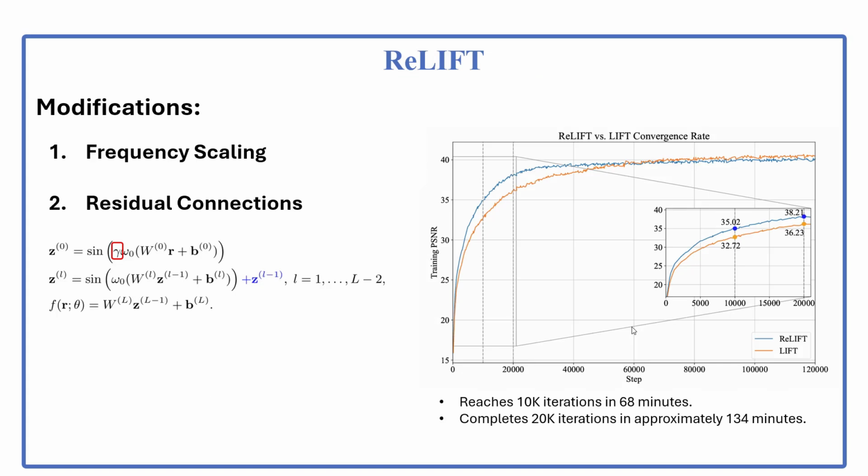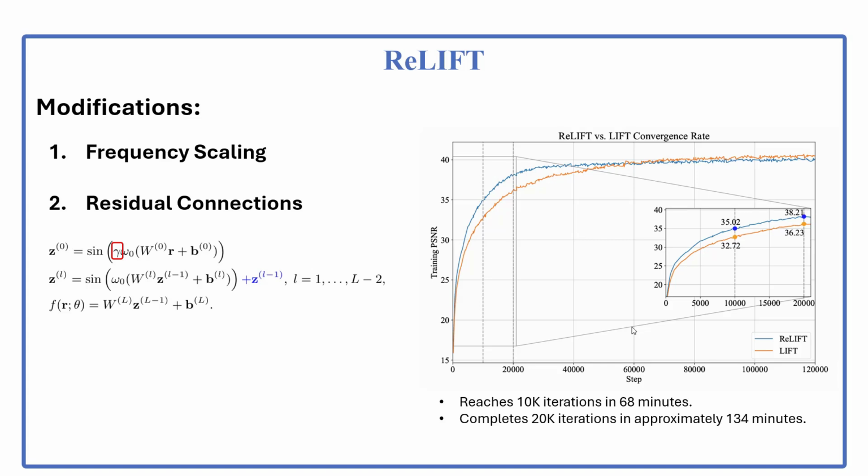We also propose a variant of LIFT, which we call ReLIFT, which modifies our approach based on two factors. The first is that we add a frequency scaling factor, which we call the lambda factor, to the first layer of the SIREN.